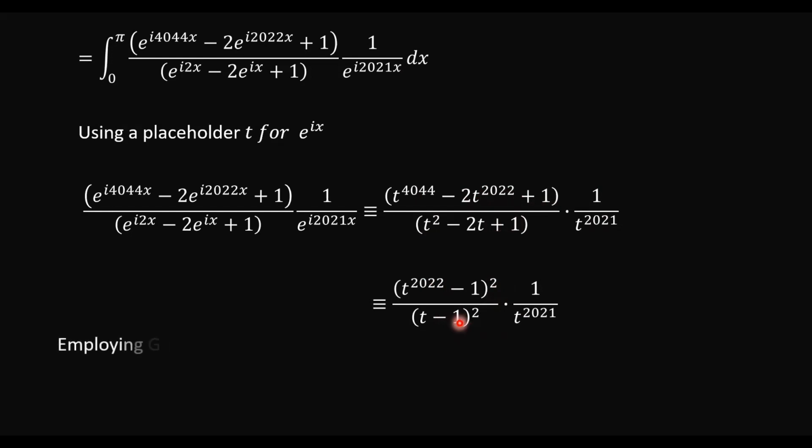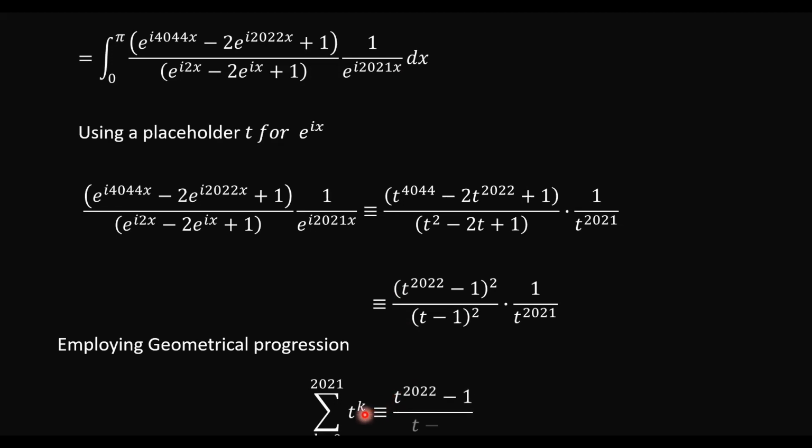Now, we're employing a geometrical progression, looking at how this first part looks like. It's evident that the summation of t to the power k from k equals 0 to 2021 is the same as t to the power 2022 minus 1 over t minus 1.